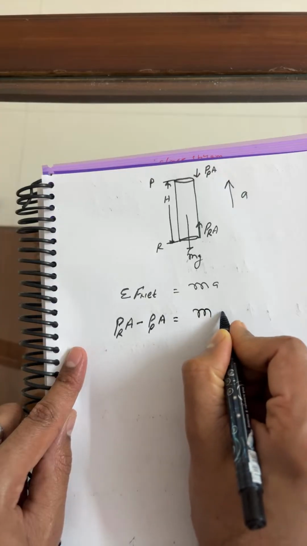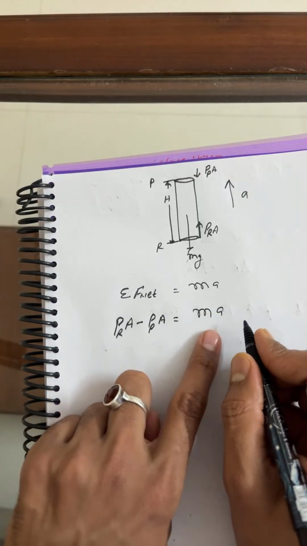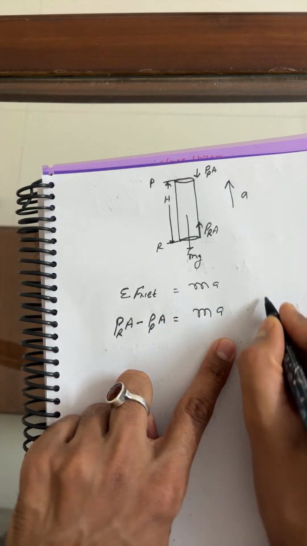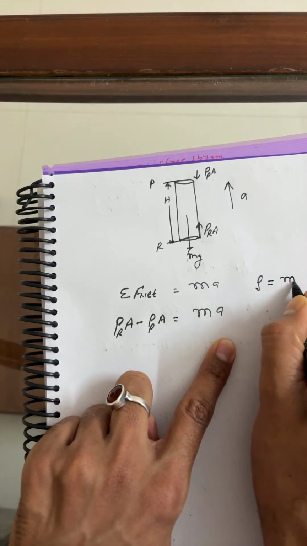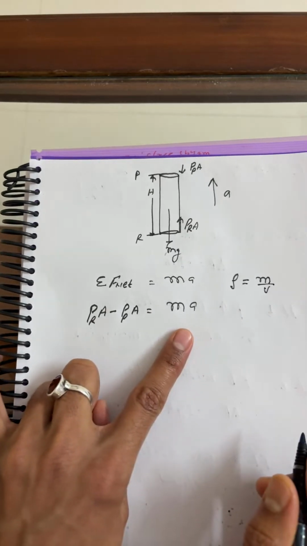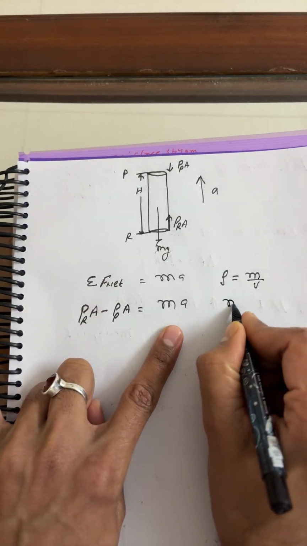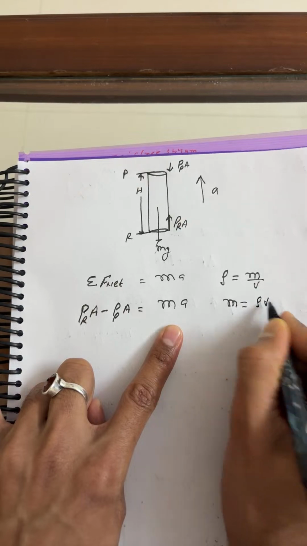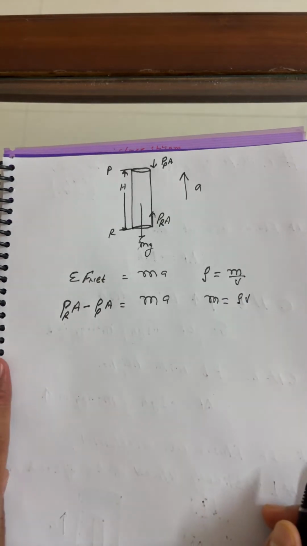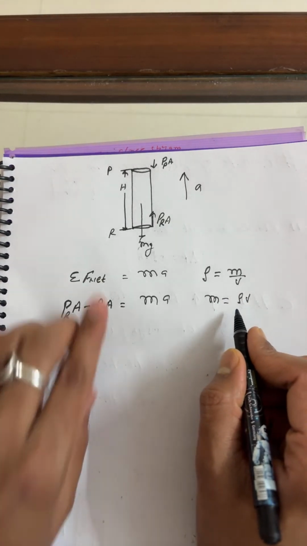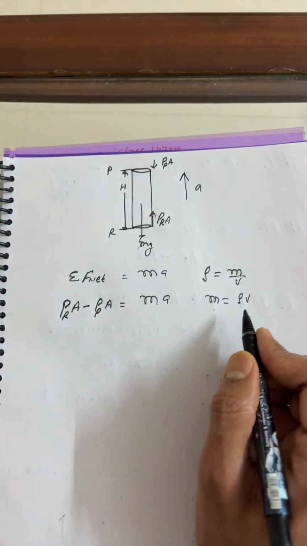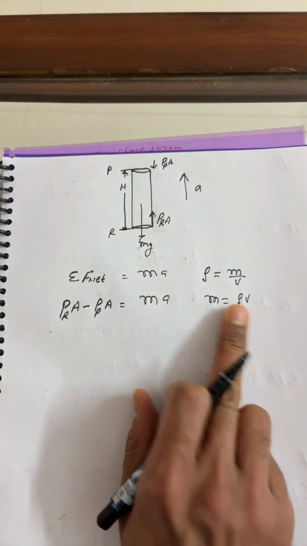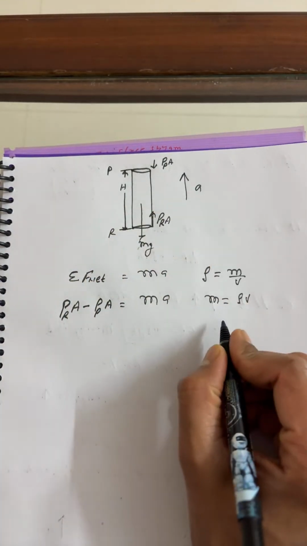Students, I wanted to write mass in terms of density. Density is mass per unit volume, so mass is equal to density into volume. Usually this is made up of water, so you can take as usual rho, there is no change at all.